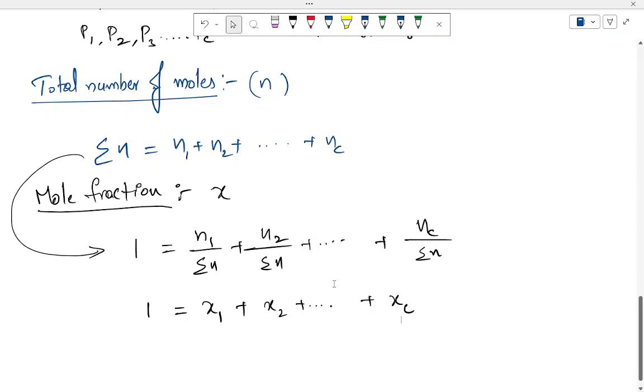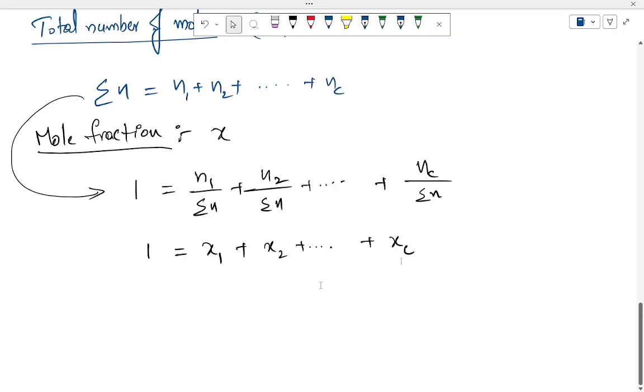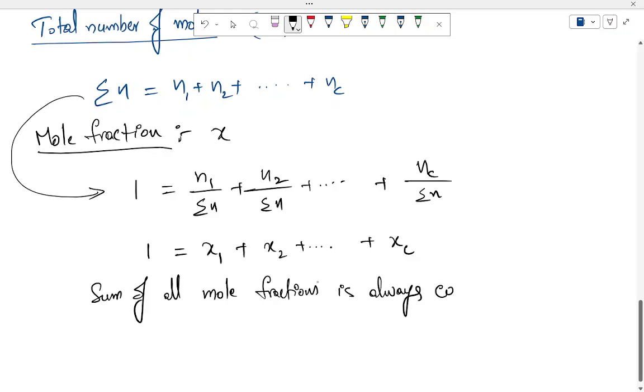And the sum of all the mole fractions is always equal to 1. So that's the thing regarding the mole fraction.